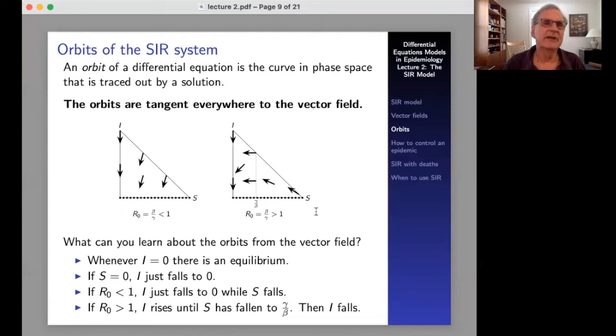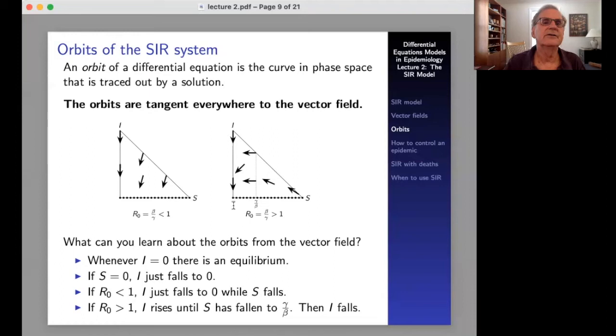If there's no infectives, then no susceptibles get the disease. Nobody moves into the recovered compartment. Everything just stays the way it is. That's why there's an equilibrium. And there can be equilibria with any number of susceptibles. The remaining population fraction would consist of recovereds.